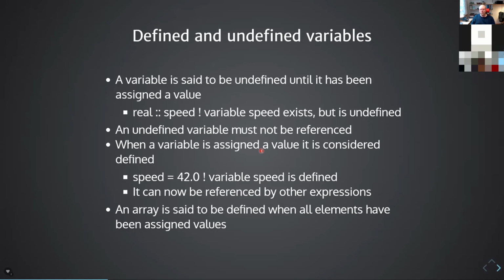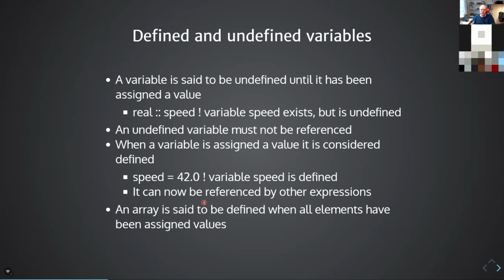And when you assign a variable, it's considered defined. So if your speed is assigned 42, it will be defined. In this case, it's safe for it to be referenced by other expressions or functions and so on. Also, an array is said to be defined when all elements in the array have been assigned.